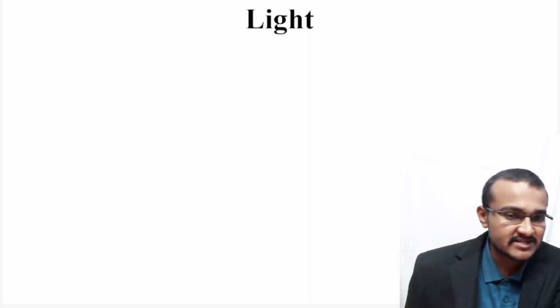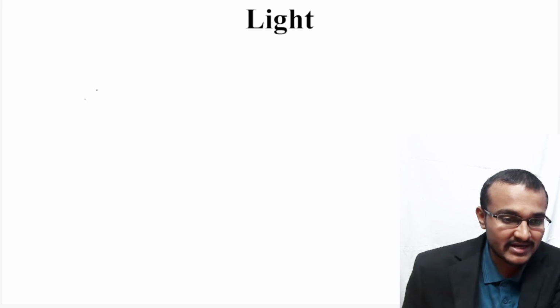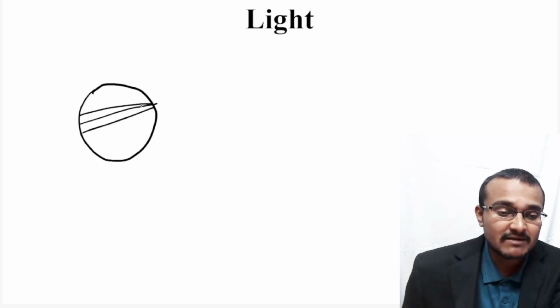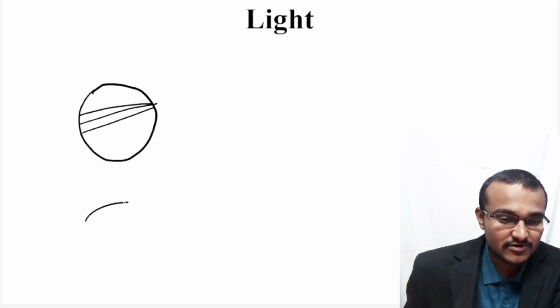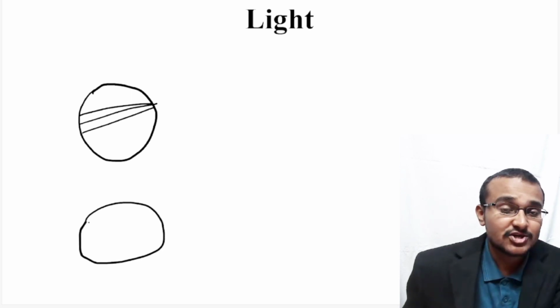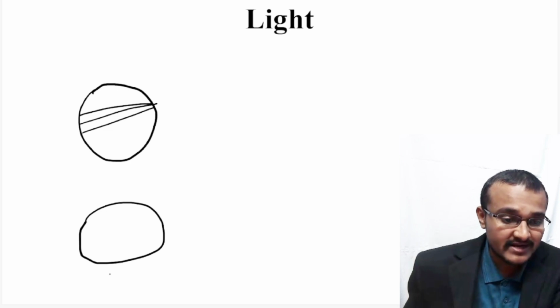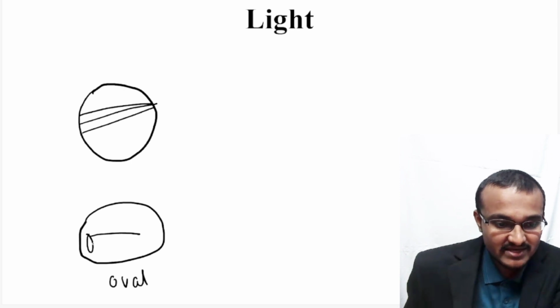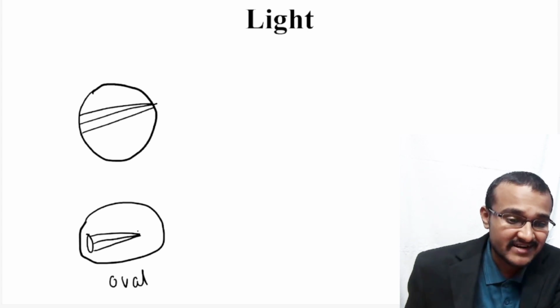There are some defects in the human eye. When the eye is perfectly round in shape, there is proper convergence of light on the retina. But when the eye bulges and is not exactly round but oval shaped, the lens converges the light rays at a point just in front of the retina.